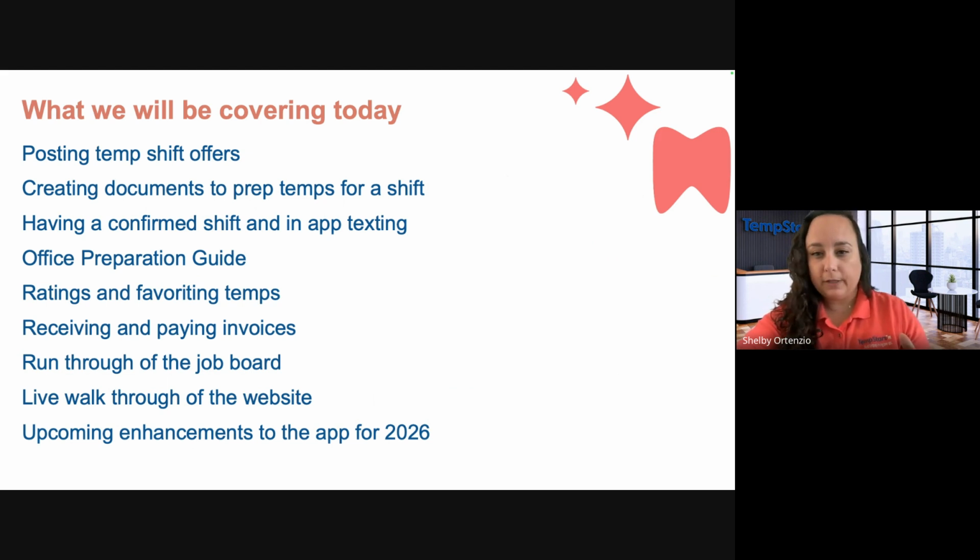I'll also briefly go over the office preparation guide that you have access to, and I'll show you that. Ratings and favoriting temps that have worked in your office before, receiving and paying those invoices, running through that job board, and then we'll do a live walkthrough, a step-by-step on the website and app, and then a sneak peek on those upcoming enhancements for later this year.